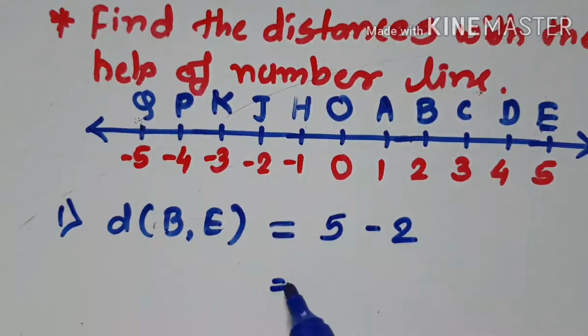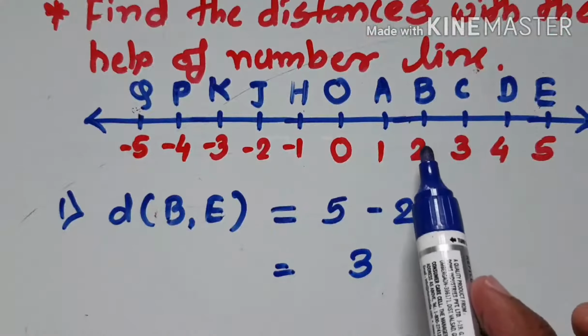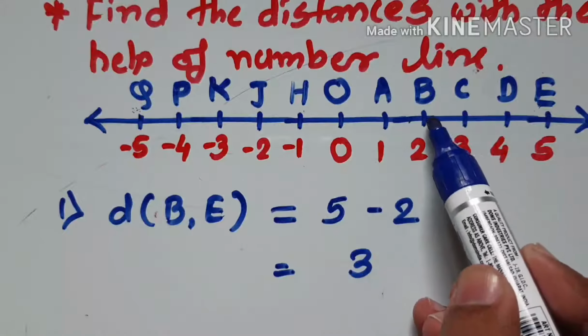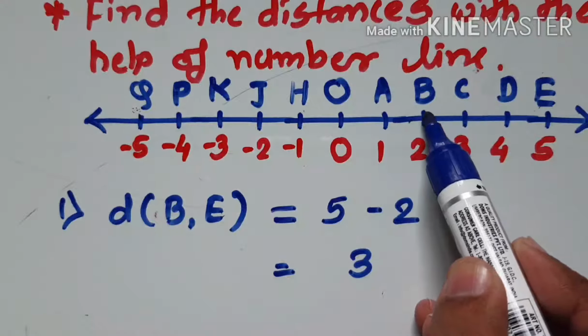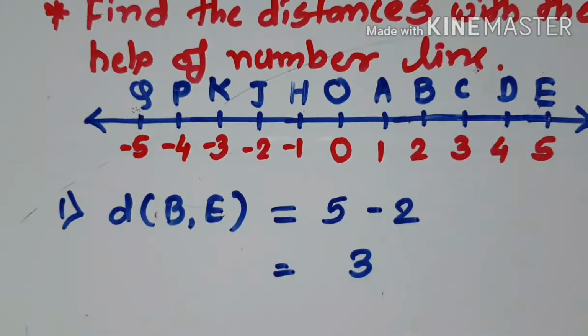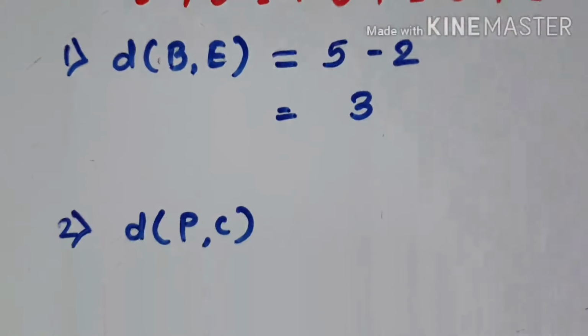So we get the distance BE as 5 minus 2, that's 3. Which can be verified from the diagram, that is, if we measure the units between point B and E are 1, 2 and 3. So the distance between point B and E is 3 units. Then we have another problem.